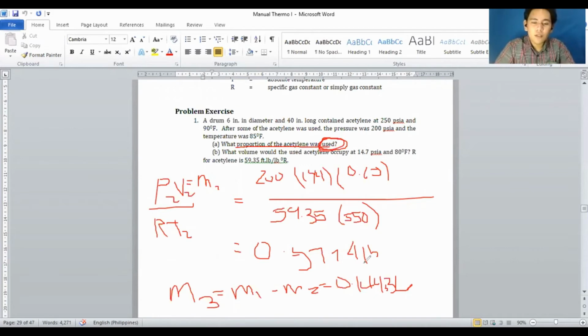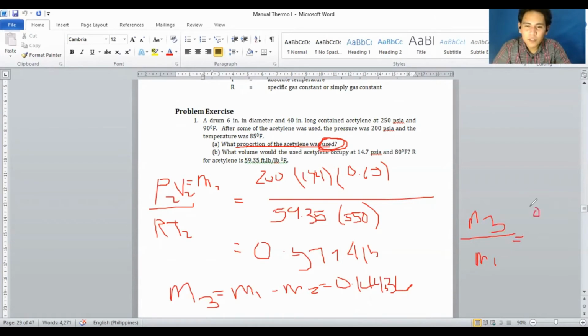So therefore, using proportions, we have to determine the percentage per volume. So therefore, this is your per mass. All we have to do is find the proportion, which is the percent. So therefore, your mass 3, which is 0.144, all over your mass 1, which is the contained acetylene in the tank.